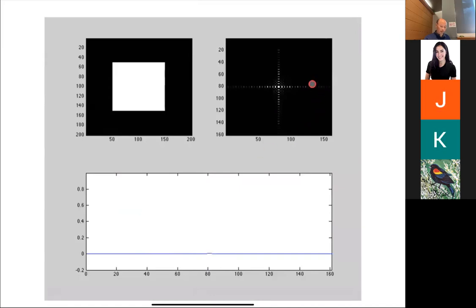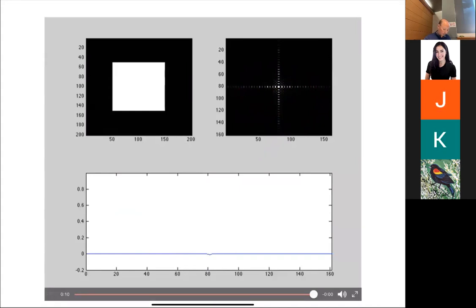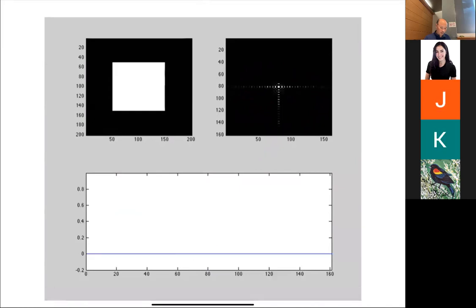And you can sort of see here we're acquiring a two-dimensional sinc function in 2D Fourier space. So let me play it one more time. Okay, so that's basically the most basic MRI pulse sequence you could have. You're just going line by line, and you're building up your information in Fourier space as you go.